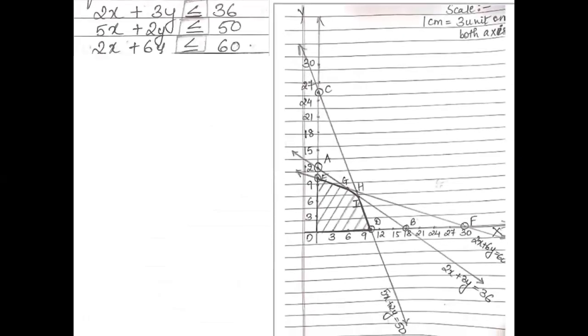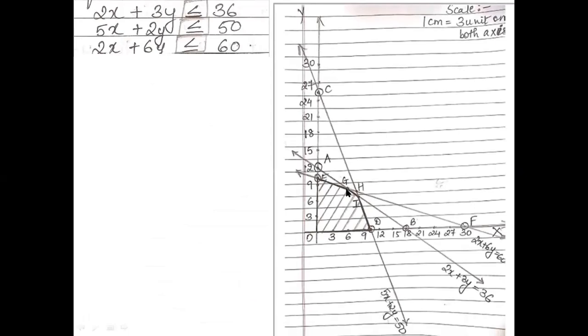Now the most important part is finding out the feasible region. In order to find the feasible region, class, you have to go back to the inequations. As you can see, in all the 3 inequations the sign of less than equal to was there. Less than equal to means towards the origin. So all the 3 are coming towards the common area, which I have highlighted like this.